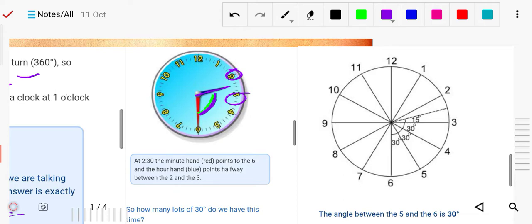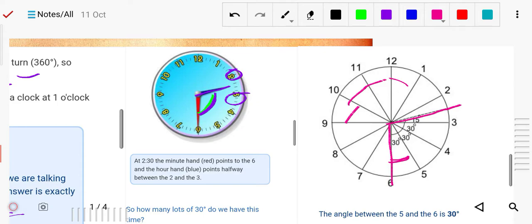We know that each part is 30 degrees, because 360 divided by 12 is 30.